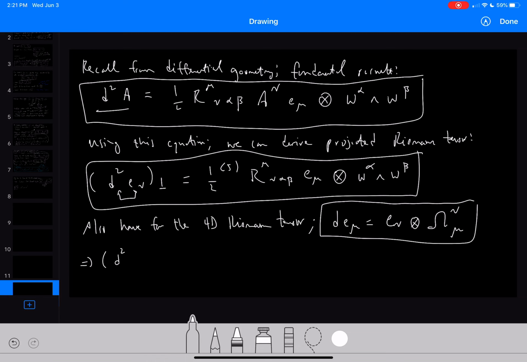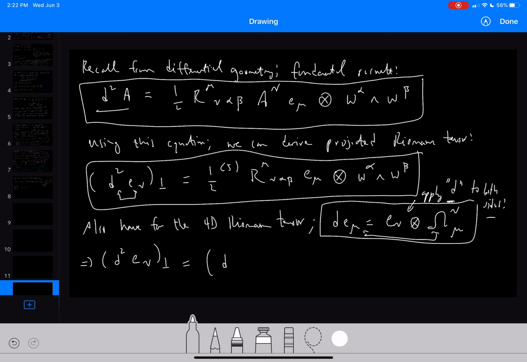Basically what I'm saying is that if I apply an exterior derivative to both sides here, you get something that's very interesting. So E nu, sorry, is equal to now D, which is going to be my exterior derivative. We're applying this exterior derivative to both sides here.